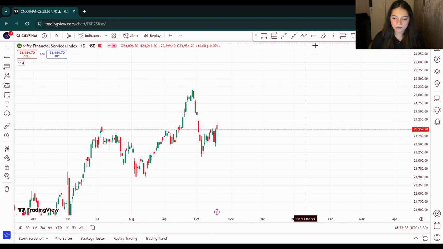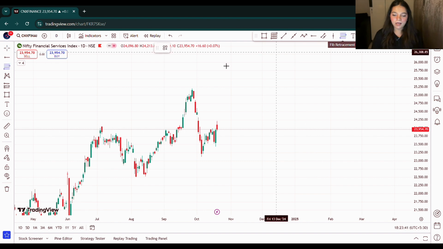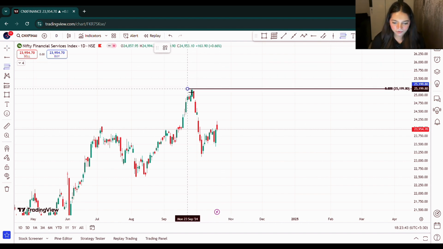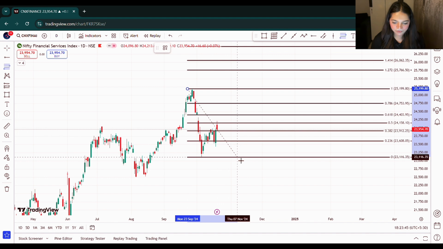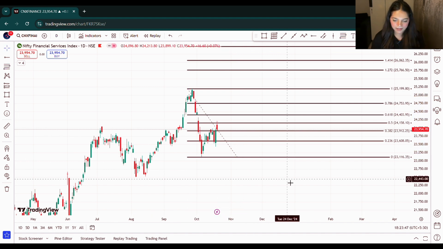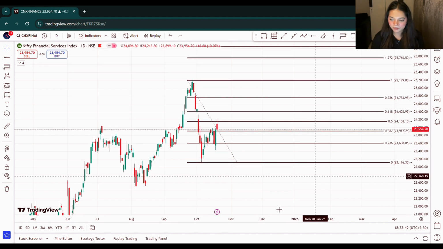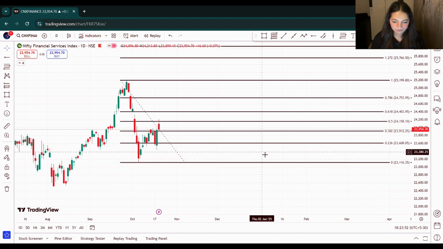Coming to the Finnifty, we have the expiry of Finnifty tomorrow. First and foremost thing, I'm just going to apply a Fibonacci over here, and again, as you see, same as Bank Nifty, it has touched the 0.5 level and it has come down.